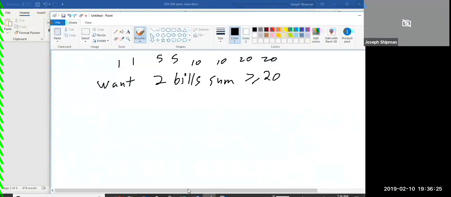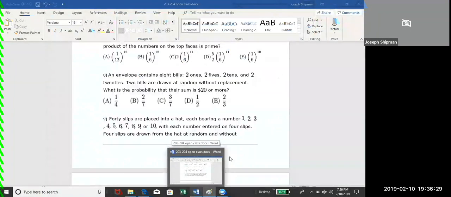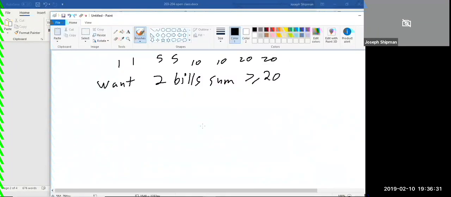Okay, well, it looks to me like there aren't very many ways to do it, because if we don't have a $20 bill, then we can only do it as 10 plus 10. So that's one way to do it. And if we do have a $20 bill, then the other can be anything. So basically, we can have 20 plus 20. That's one way to do it.